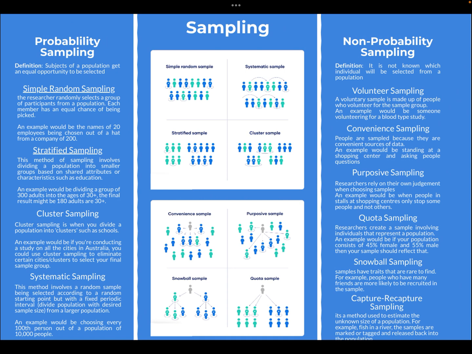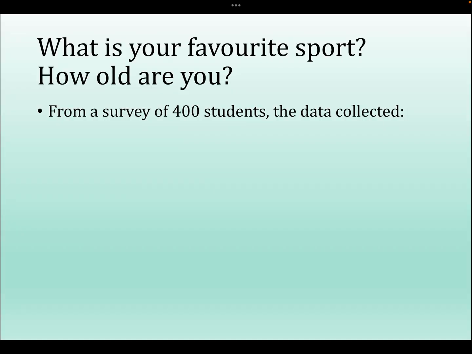All right? Now look at the different probability sampling methods, for example, simple random, stratified sampling, cluster sampling, and systematic sampling. For non-probability sampling, you can think about volunteer sampling, convenience sampling, purposive sampling, quota sampling, and so on and so forth. I would like you to read through this page when you get the PowerPoint.